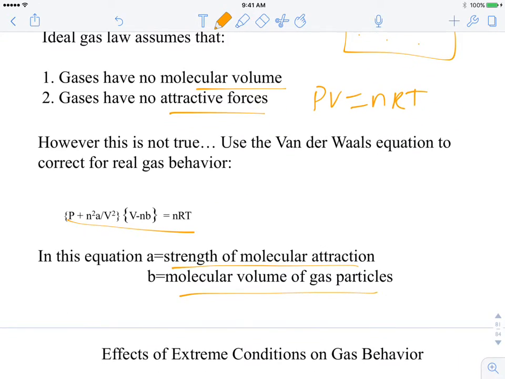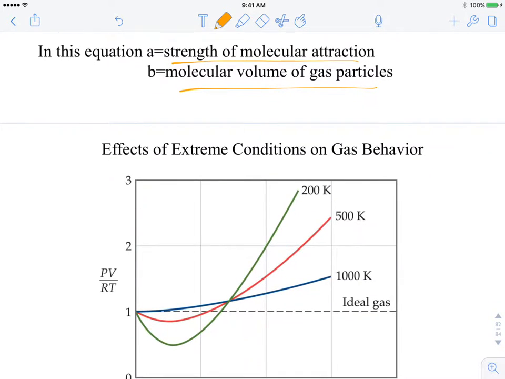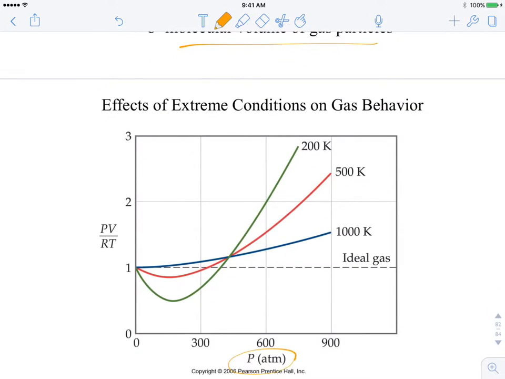And so what we see is, what happens when we start to mess with temperature and pressure on a gas? And what we see is the following. An ideal gas, no matter what the pressure is, and no matter what the temperature is, would behave the same. It would follow PV over RT.